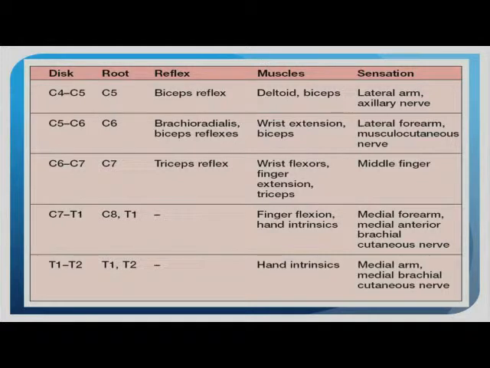I'm not going to go through these in detail, but you definitely want to have this information burned into your brain. It's very useful for your neurologic exam for the upper extremity to help you narrow down what nerve root might be being affected. So whatever mnemonics you need to use for that one, you want to get that stuff in your head.